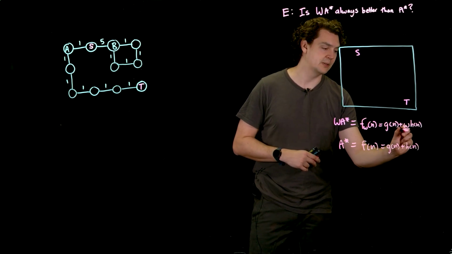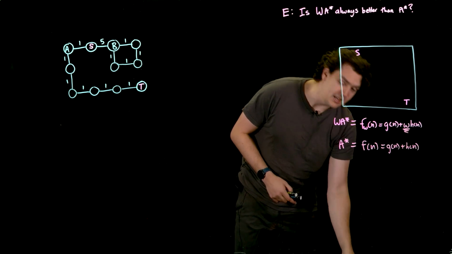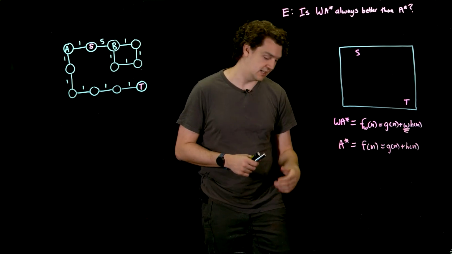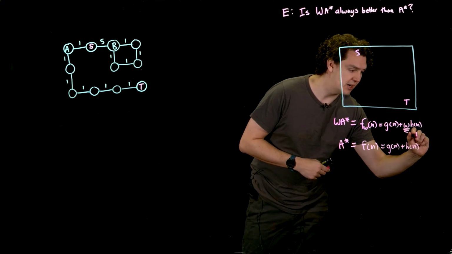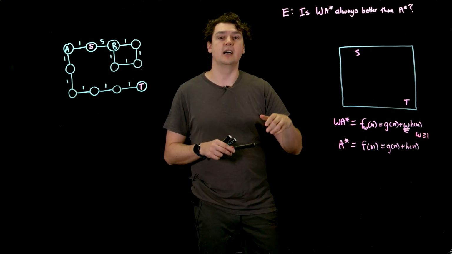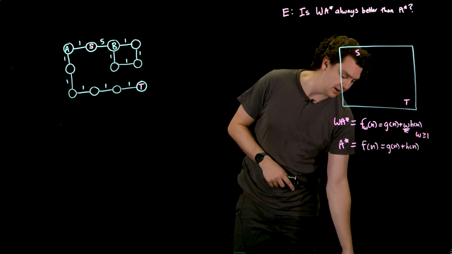So it's this term here that's the key difference. What that means is that we are applying more weight, and this is when w is greater or equal to 1. W has to be making the heuristic weight larger, more important.